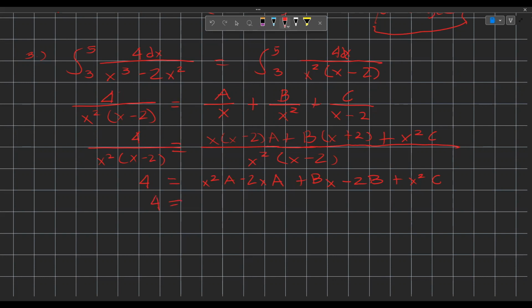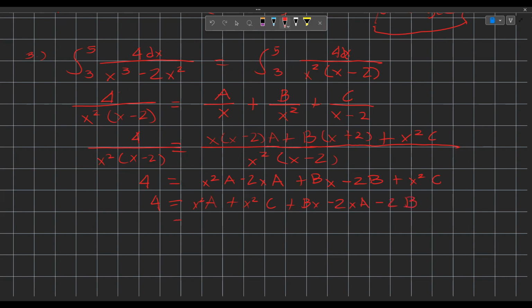Now here, for the right side, as a review, once you've distributed all the x's, we have to combine like terms with respect to x. Which means that x squared will be grouped together, x will be grouped together, and those without x will be grouped together. For here, we'll have x squared A plus x squared C plus Bx minus 2xA minus 2B.